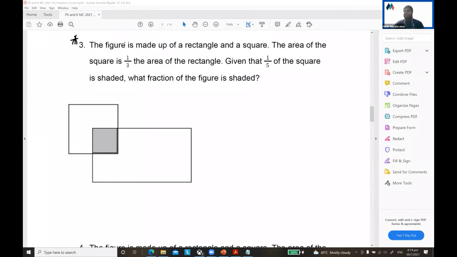Okay, the figure is made up of a rectangle and a square. The area of the square is 1/3 the area of the rectangle. So square to rectangle is 1 to 3. Next one, given that 1/5 of the square is shaded.